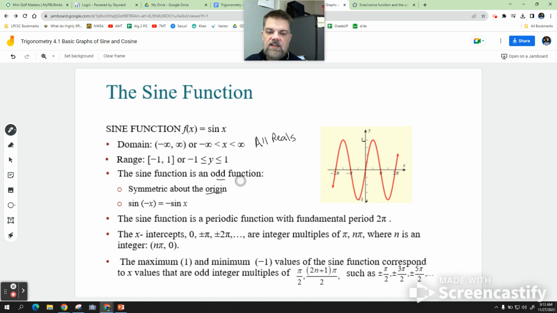It is symmetric about the origin. It is definitely an odd function because it's symmetric about the origin. And remember that for an odd function, sine of negative x is the negative of sine of x. So this value here is a positive f of x.